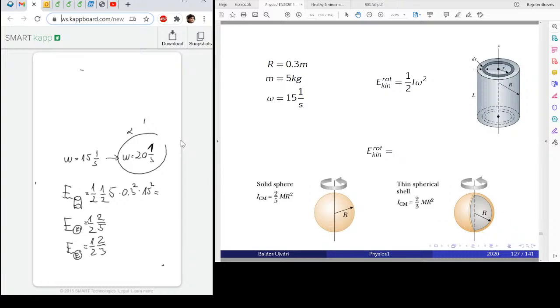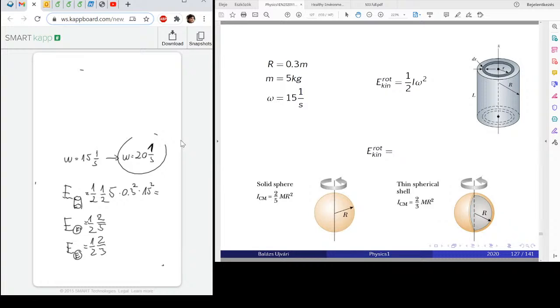Thanks. Somebody calculated. Alright, so please calculate the rotation kinetic energy of this body, then increase the omega to 2 1 over s and also calculate the new energy and the energy transfer, because next time we will work with the torque, and torque is like the force.